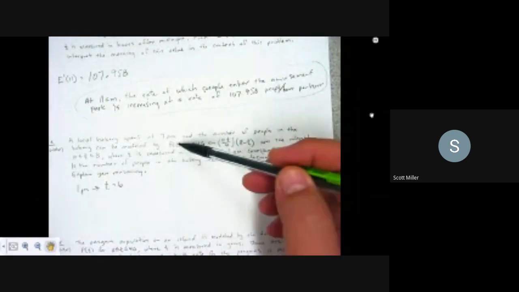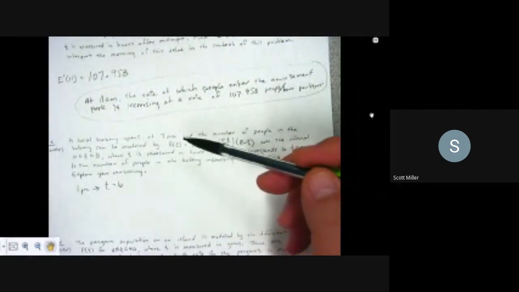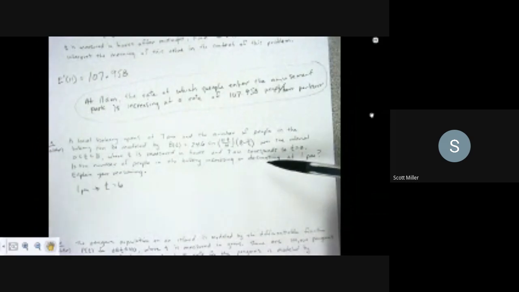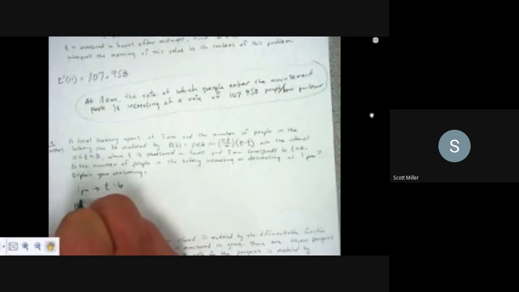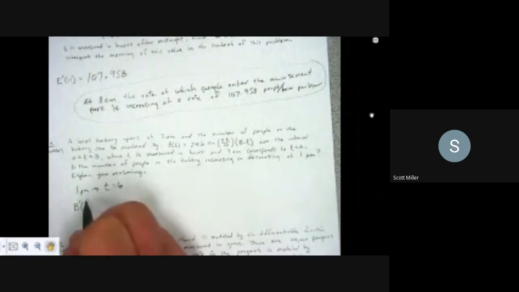And it says, B stands for the number of people in the bakery at any particular time T. So is the number of people in the bakery increasing or decreasing? By asking that question, I'm asking you to find the rate of change that is occurring when T equals 6.